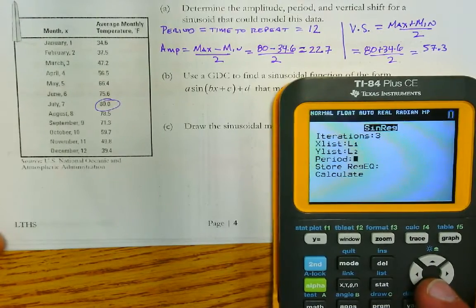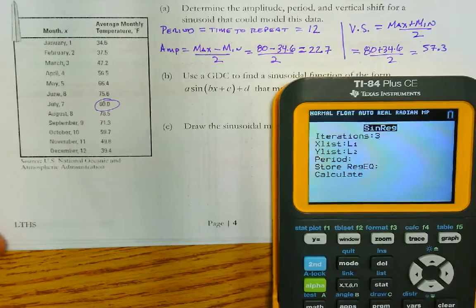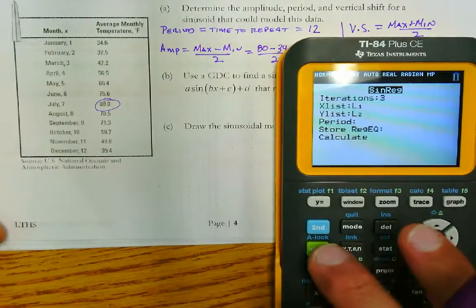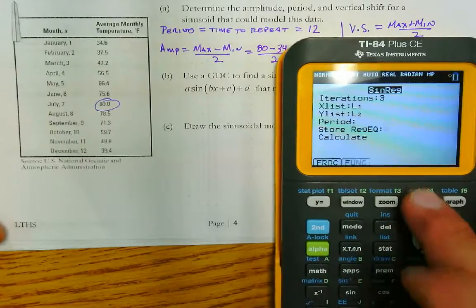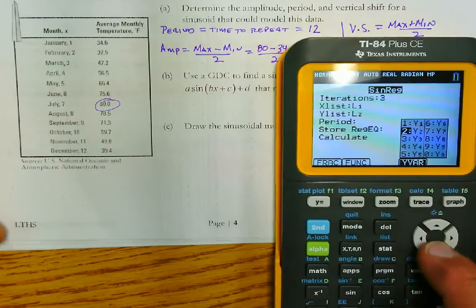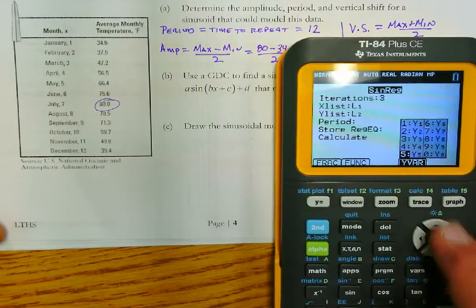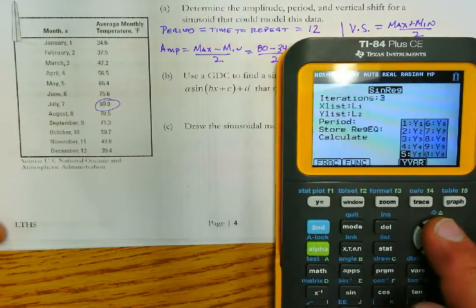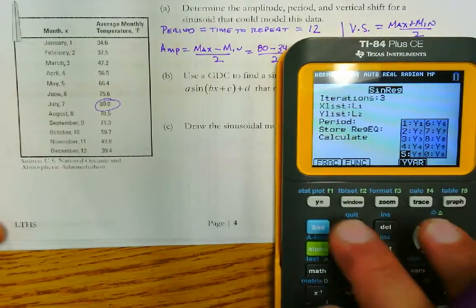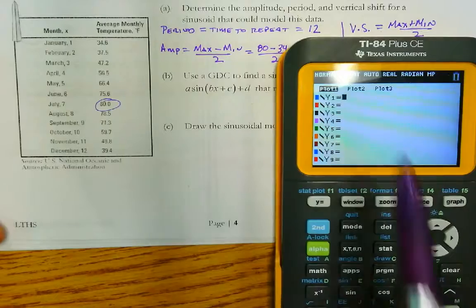Okay. If you're not sure about the period, you can leave the period blank. And then for storing your regression equation, I always recommend that you store your regression equation. What you can do is hit alpha, calculate, go down and select a value where you know you don't have another equation. If you are not sure where you don't have another equation, you can just double check.